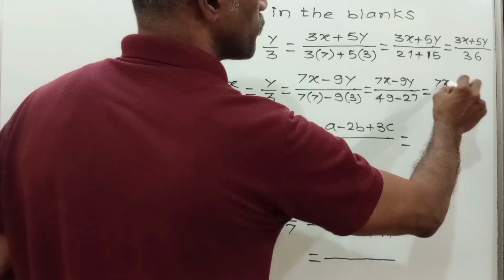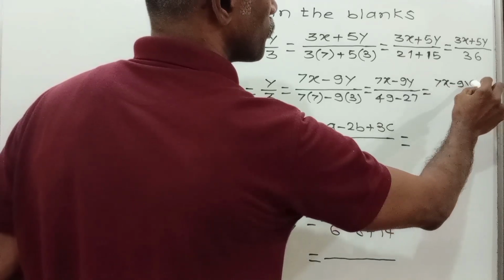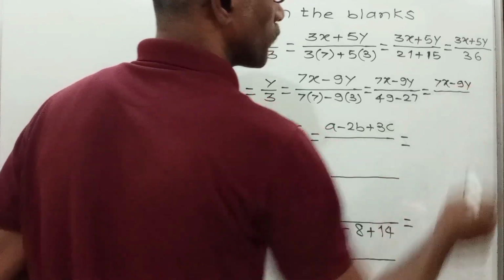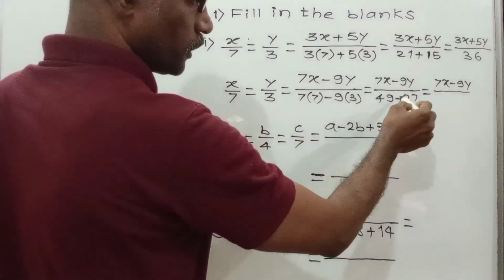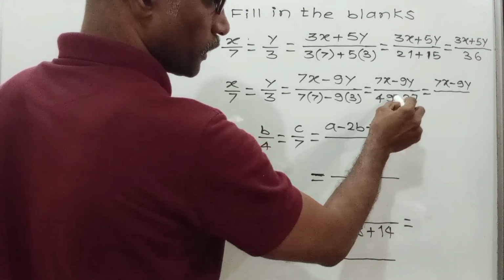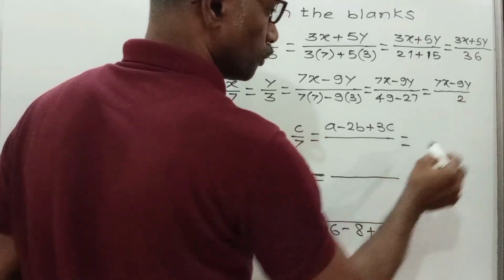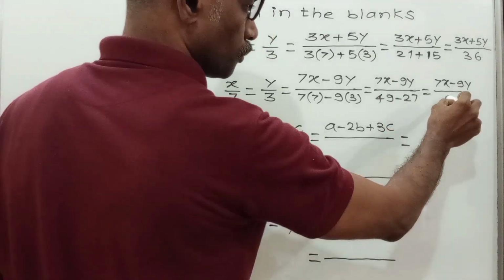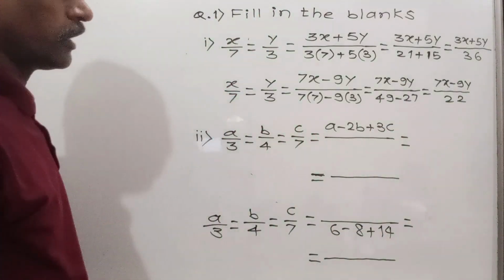Therefore, 7x minus 9y upon 49 minus 27 is 22.